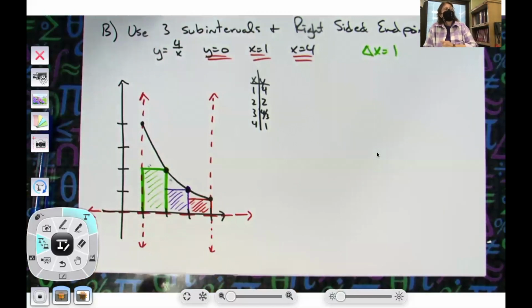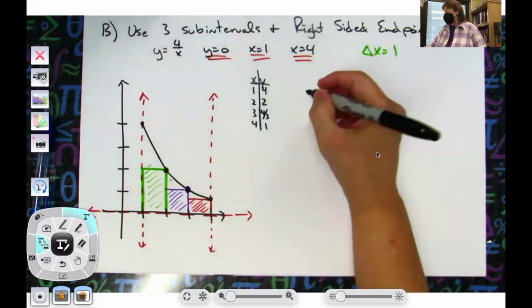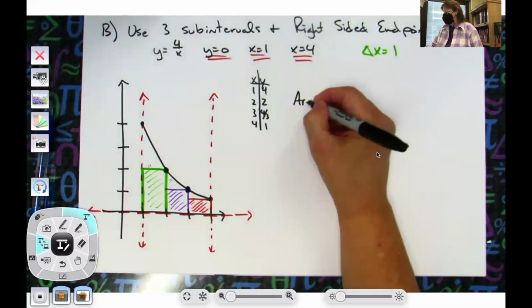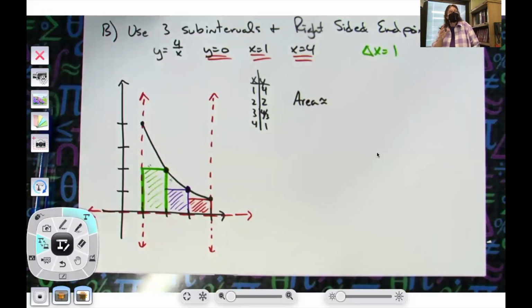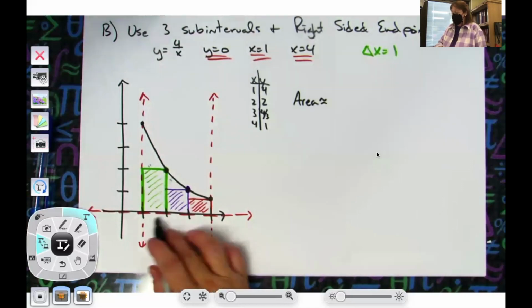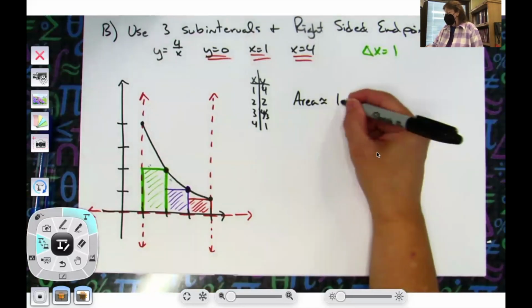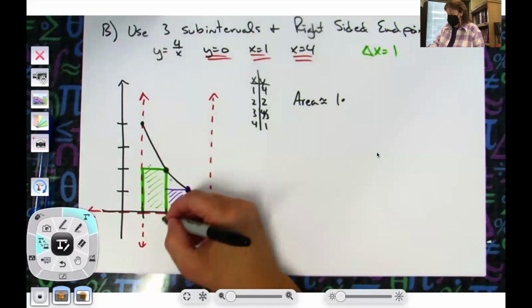So on this particular curve, is my estimate going to be an overestimate or underestimate? Underestimate. Are these rectangles circumscribed or inscribed rectangles? They're inscribed rectangles. And again, when you estimate the area here, I'm not going to get overly picky about the math, because right now I just conceptually want you to understand what's going on. That first rectangle has a width of 1 and a height of 2.